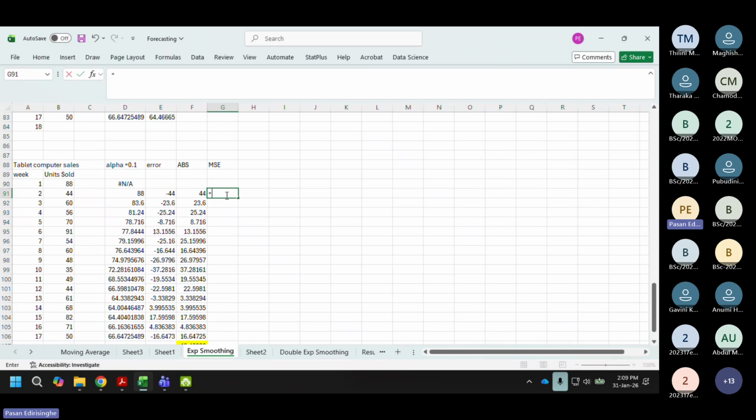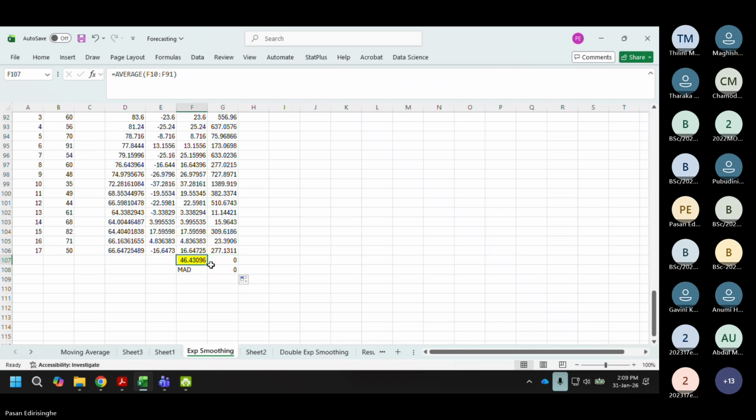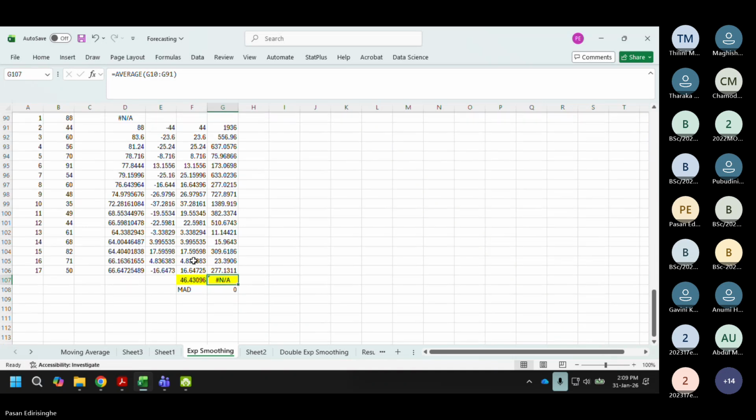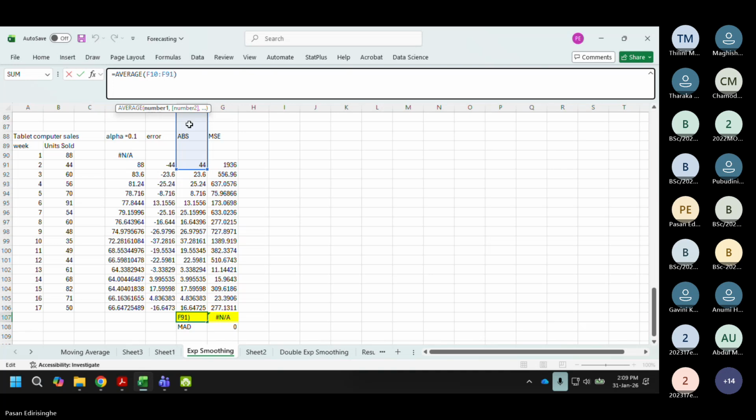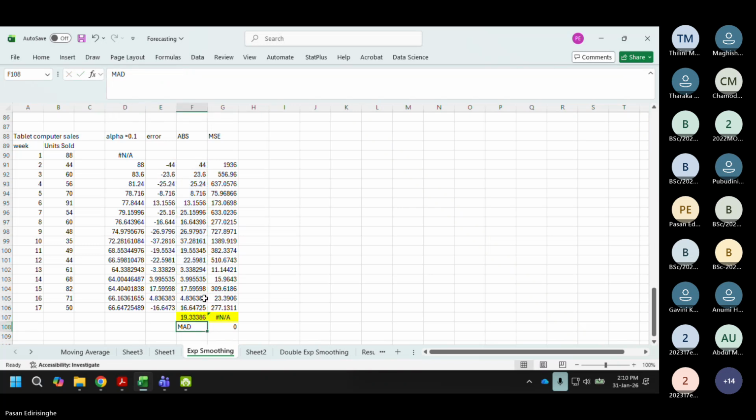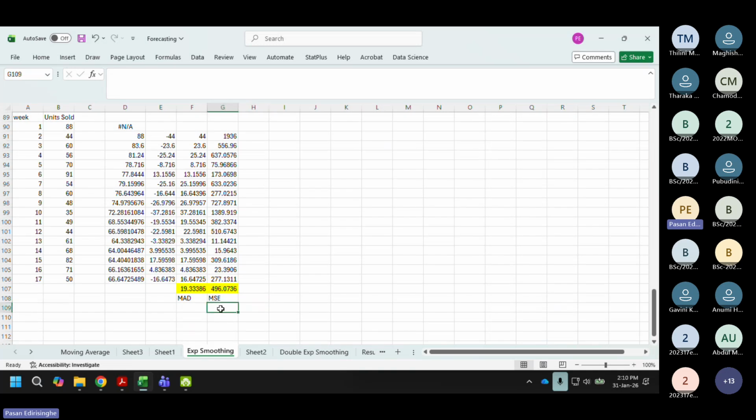So taking the square here, so that's the mean square. Square root.